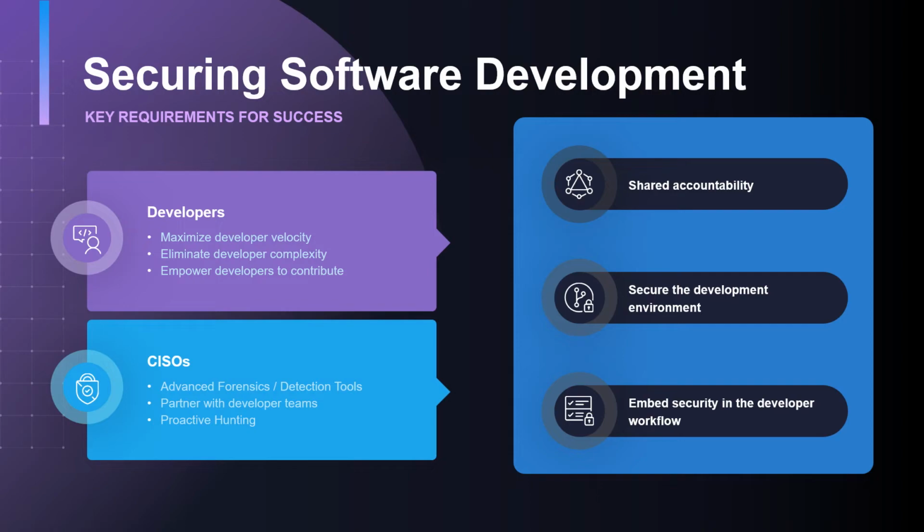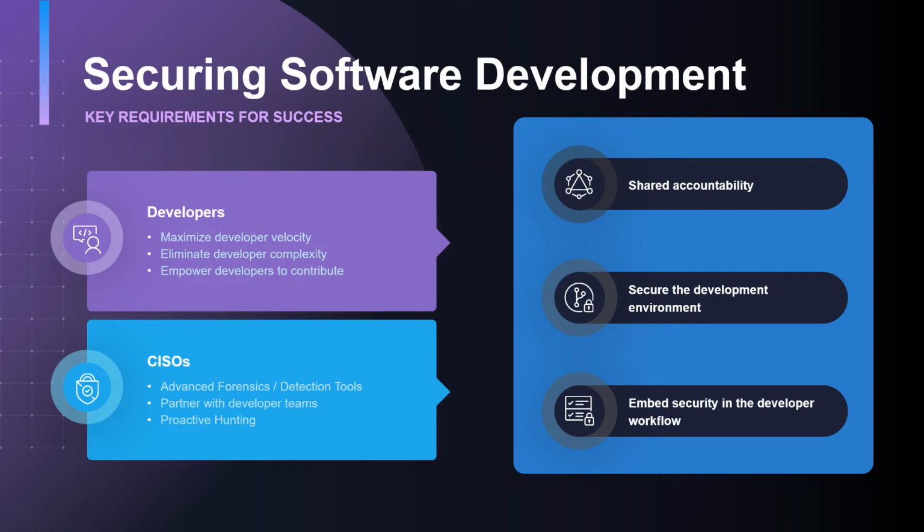Fortunately, DevSecOps finds commonalities for both developers and CISOs at an organizational level. First, we find shared accountability through adopting security as a company-wide culture and tracking the right metrics.